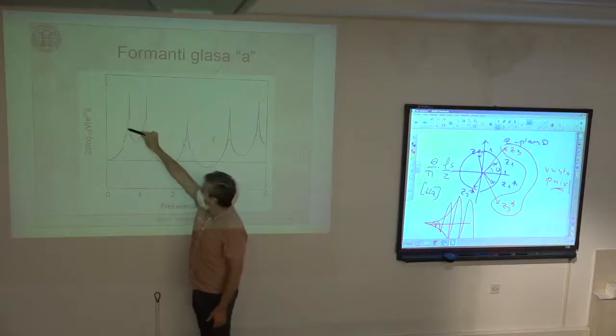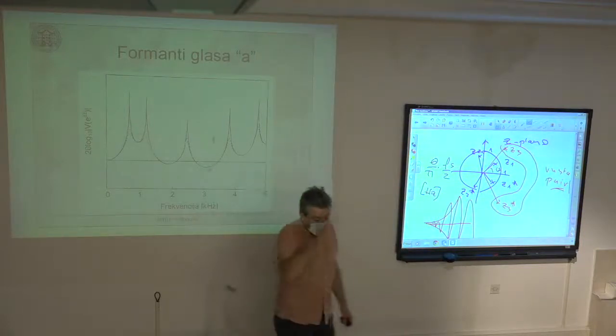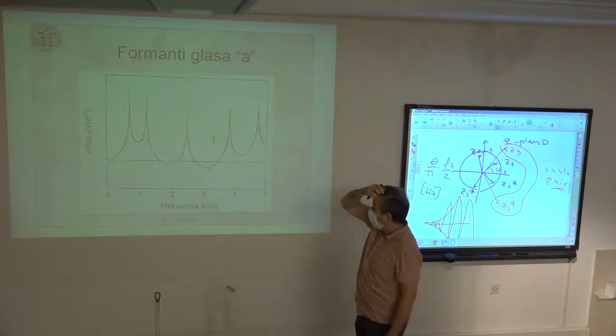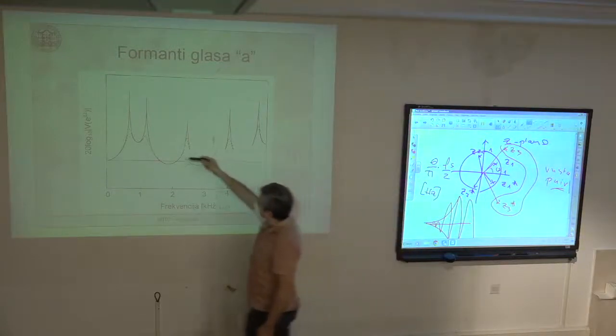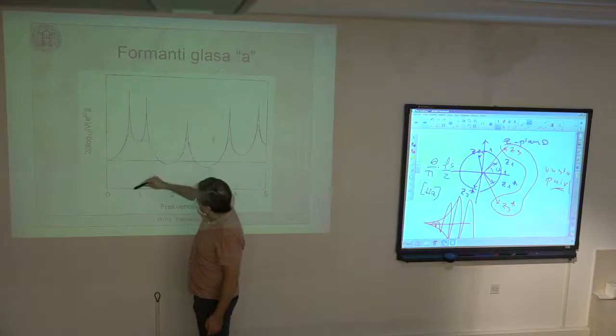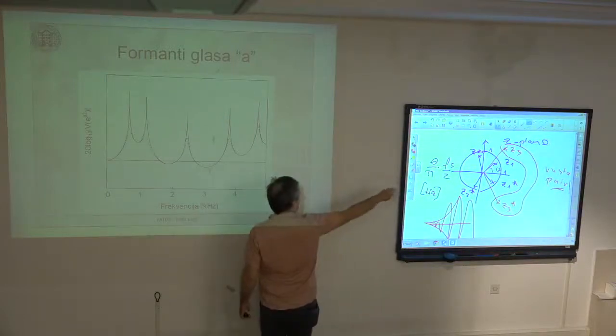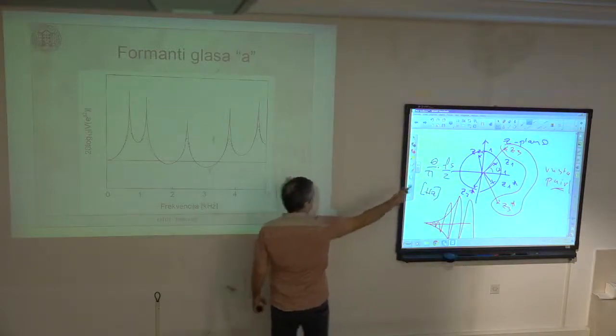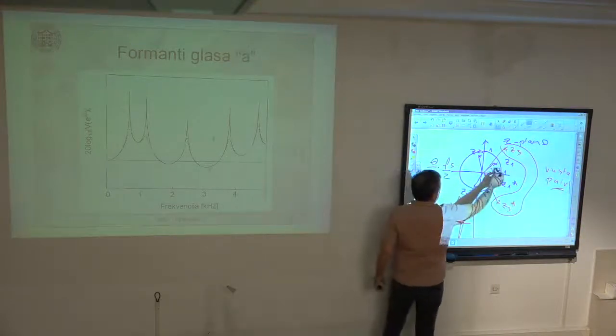So I will have the gain of the amplitude transfer function at a certain frequency where this first conjugate complex pair of poles is affecting the transfer function.